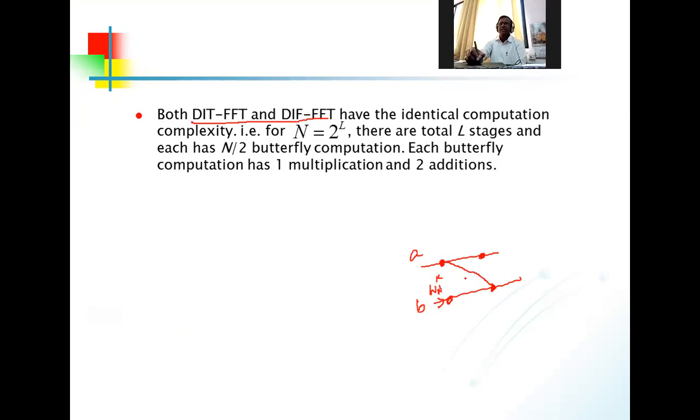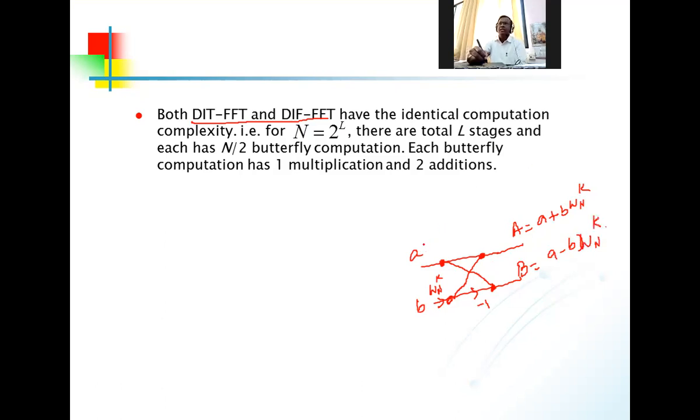The outputs are A equals a plus b multiplied with Wn to the power k, and B equals a minus b multiplied with Wn to the power k.